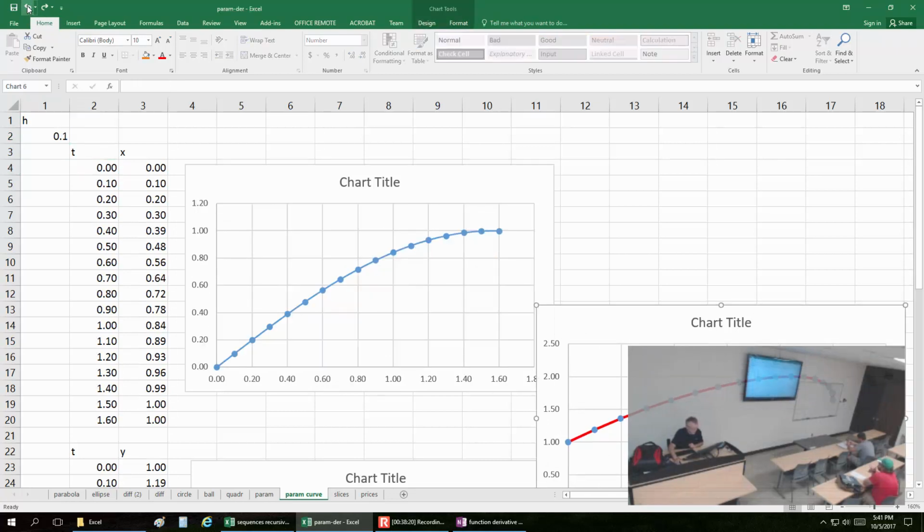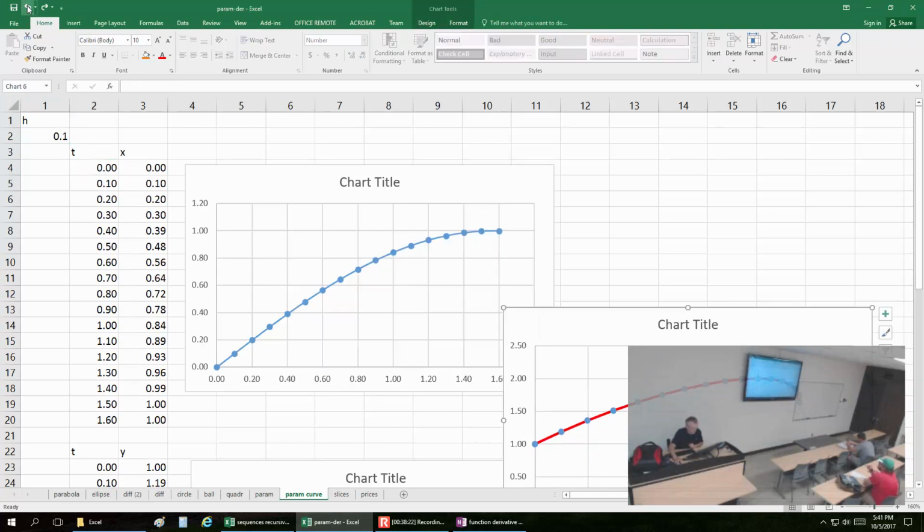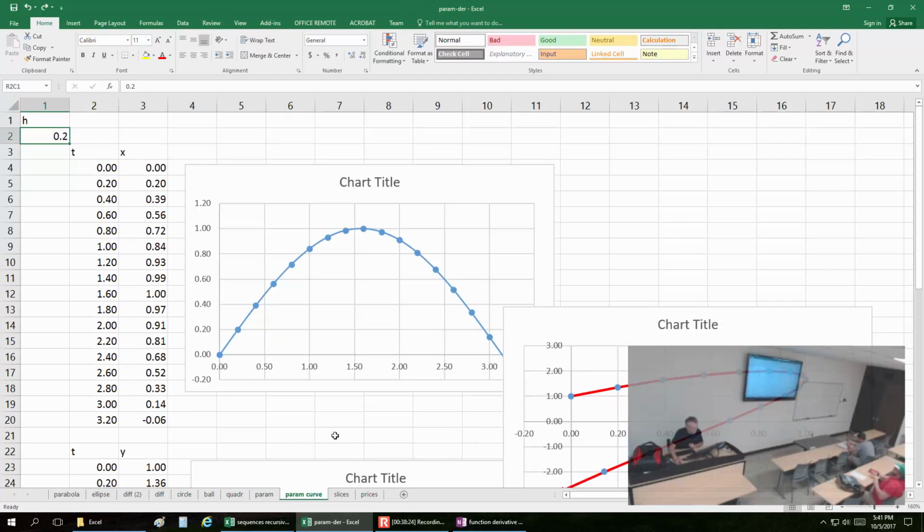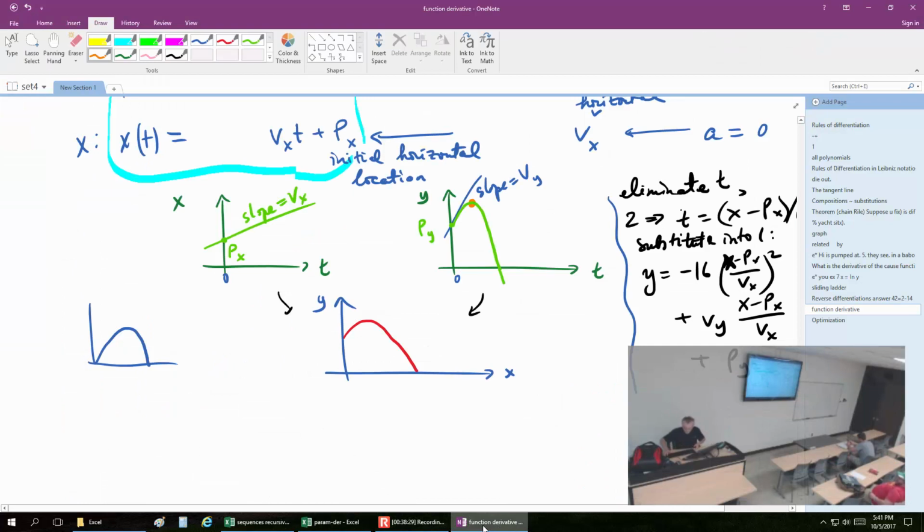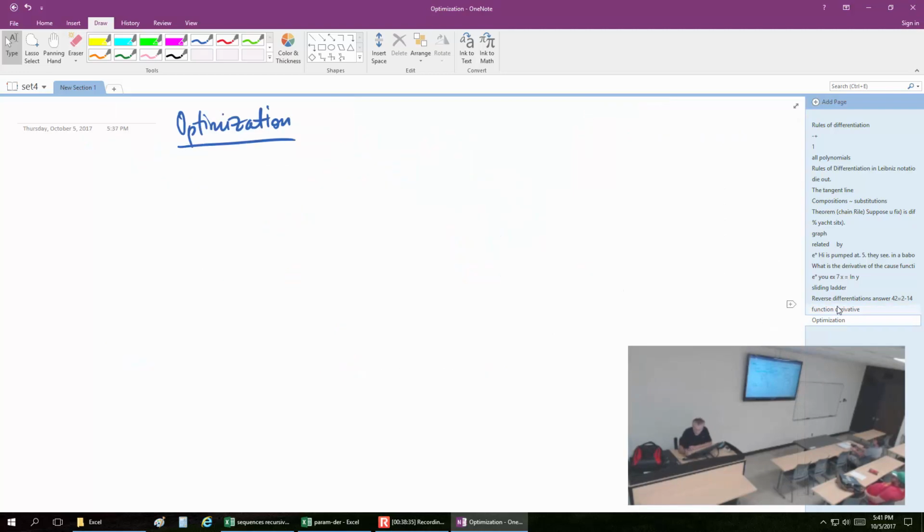Let me come back. Okay, this is the problem we're going to be trying to solve. Suppose a farmer has 100 yards of fencing, and he wants to build as large an enclosure as possible.